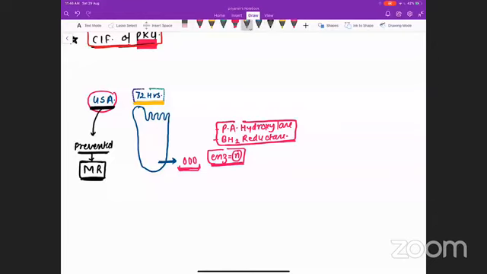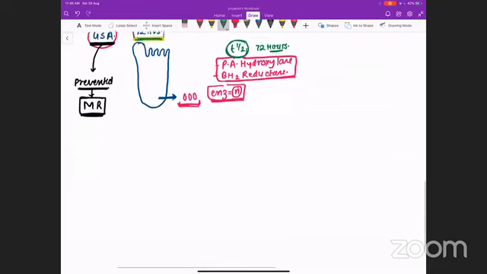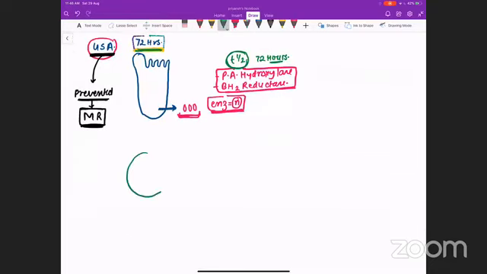The second point is why they are screening at the age of 72 hours. This is a more important concern for us. See, the half life of these enzymes is 72 hours. Now what happens is when the baby is in the uterus, let's say this is the uterus, and this is the placenta.